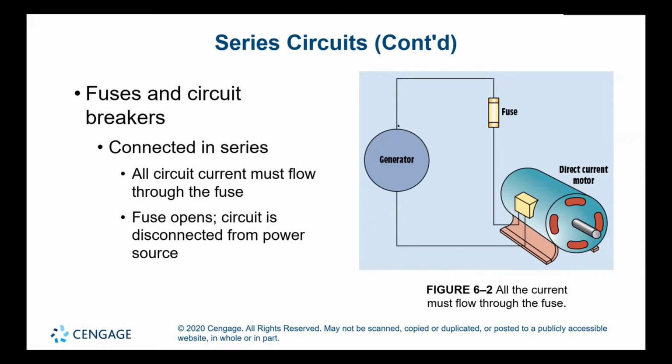Because that way, if we have an excess amount of current or we have an overload, our OCD, our overcurrent device, will trip and stop the insulation from the wires from getting damaged.